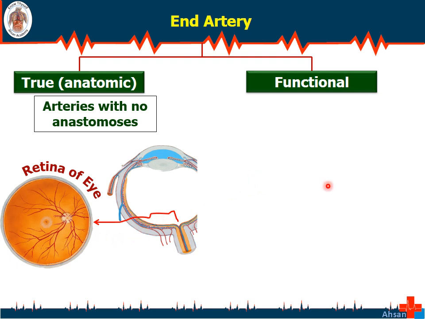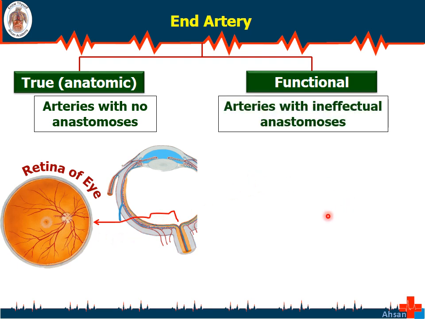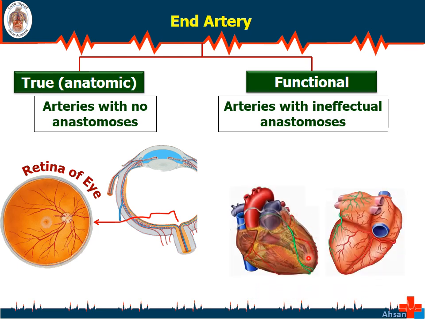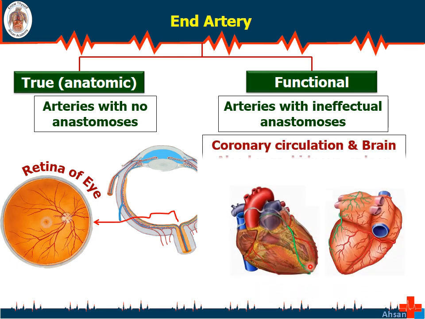On the other hand, if you observe the heart, there is some anastomosis, but it cannot overcome and establish collateral circulation that can meet the demand. So it is insufficient to meet the demand in special conditions when one channel is blocked. This is known as a functional end artery.